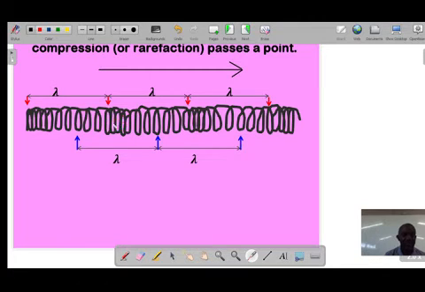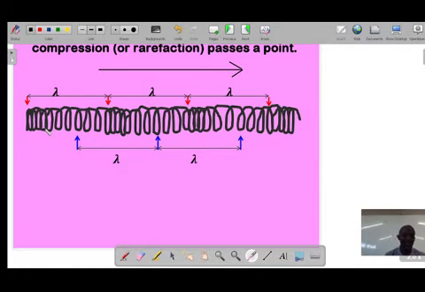Closest together. And also lastly, from here up to here, also what? Closest together.